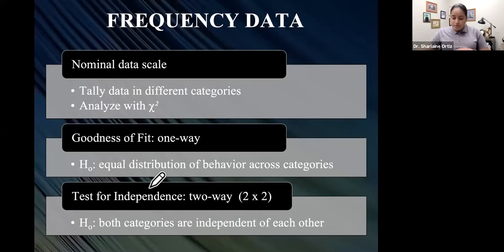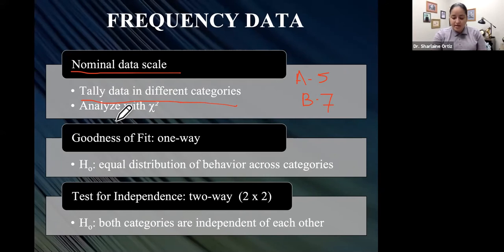Now, as a summary of what we just discussed, notice that in a nominal data scale, we're simply trying to tally data in different categories. For example, how many people had an A on an exam, how many people had a B, and so forth.